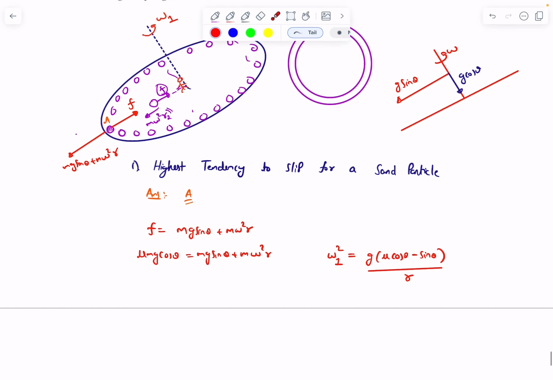If we set r equals r by 2, for example, which gives us the limiting omega for a sand particle at a radial distance of r by 2 from the axis, we can see that the omega is greater, root 2 times greater. So once we increase it slightly beyond omega 1, all the sand particles at the periphery will go away.